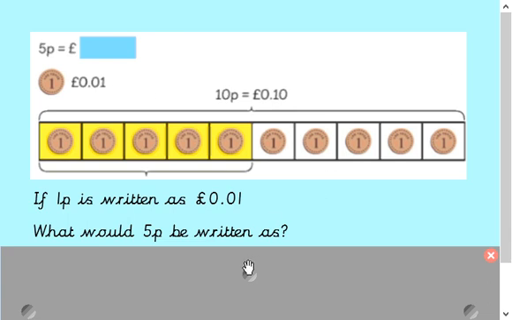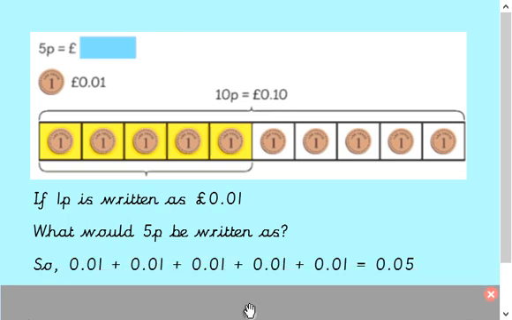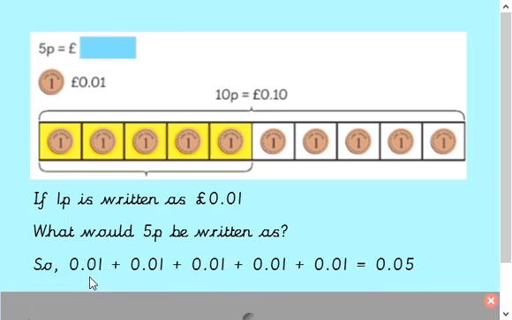Okay, so 5 pence, if that was going to be written in hundredths, then you can see that we've got 0.01 plus 0.01 plus 0.01 plus 0.01 plus 0.01. There are 5 of them, therefore we have 0.05. And if we wanted to write that in pounds, we would put the pound sign in front of it. Remember, we don't mix pound signs and pence.